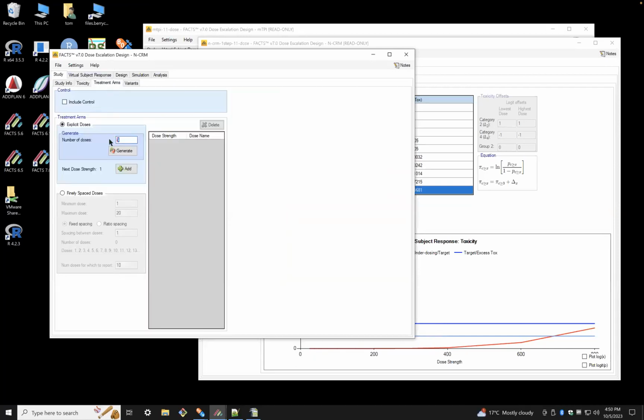Then again, we need the 11 doses. And as I said, in this example, I actually used the dose strength in milligrams as the dose strength.